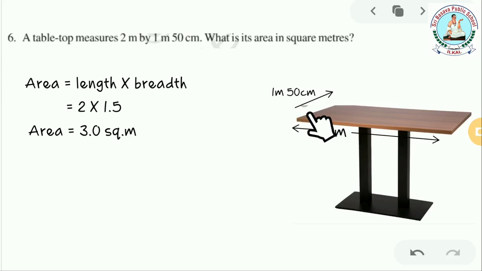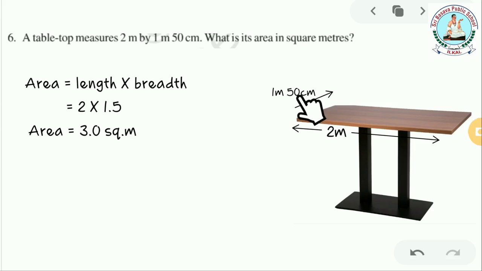This is the breadth of the tabletop, but it is given in the format 1 meter 50 centimeter. So length is in the standard unit, but breadth is not. That is why you have to bring both measurements to the same unit. I am going to bring this 1 meter 50 centimeter to the unit of meter. When you convert it, it will be 1.5 meter.